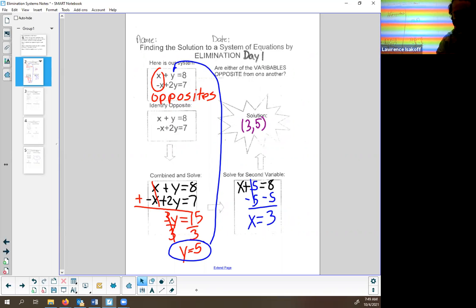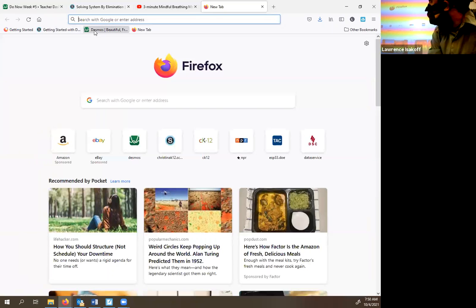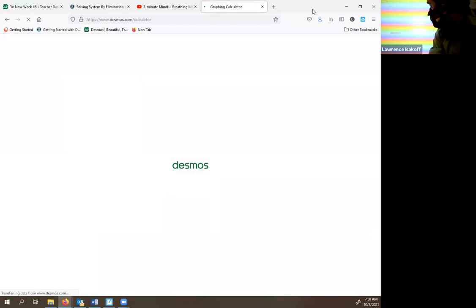So I can do it this way. I don't need to go full screen on it. So I'm in Desmos. There's your little copy. It's coming back in a second. Graphing calculator.